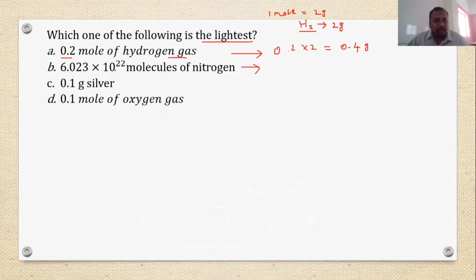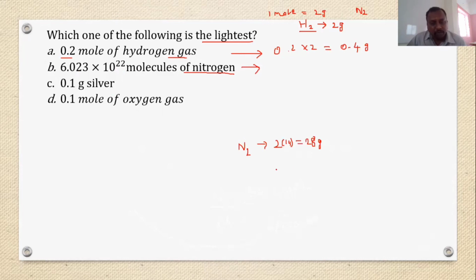Okay, next one. 6.023 into 10 to the power 23 molecules of nitrogen. இங்கேயும் அதே மாதிரி தான். நைட்ரஜன் ஆட்டம் கொடுத்தா தான் N. நைட்ரஜன் மாலிகுல்னு கொடுத்தா we have to take N2. சரியா? So இப்போ N2ங்கிறது நைட்ரஜன் மாலிகுல்ஸ். Nitrogen molecular weight வந்து 2 into 14, it will come 28 gram.